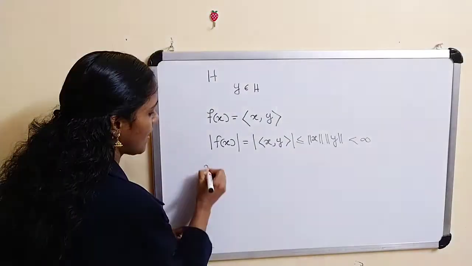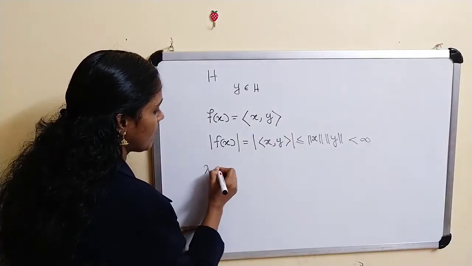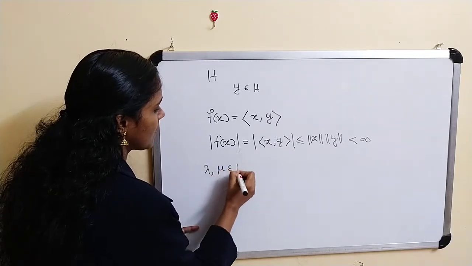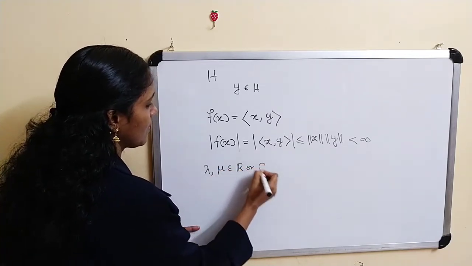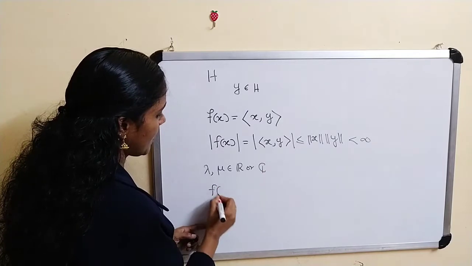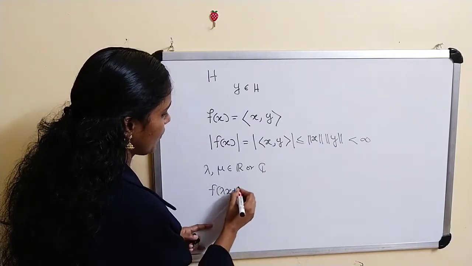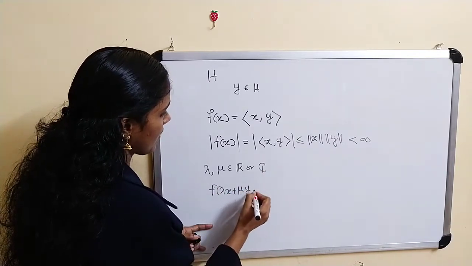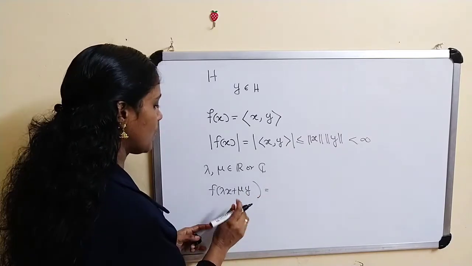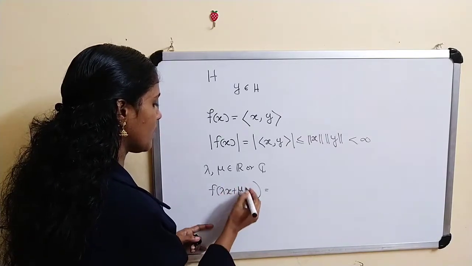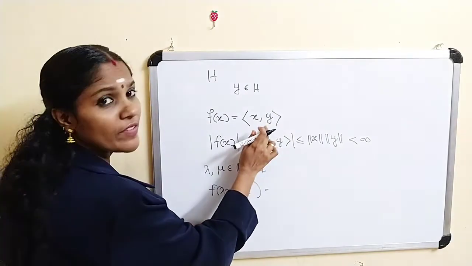Now we take some scalars lambda, mu belonging to R or C. Now what is f of lambda x plus mu z, since we fix y here?